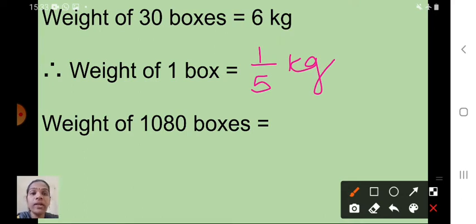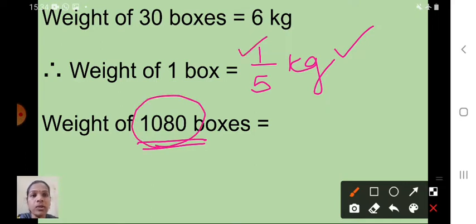So can you find the weight of 1080 boxes? What you have to do? Yes, see here children, the cost of one chocolate is 2 rupees. So what is the cost of 5 chocolates? Yes, 5 into 2. Isn't it? You have to multiply. Like that, weight of one box is what? 1 upon 5 kilogram. So weight of these boxes, you have to multiply this value and this value.